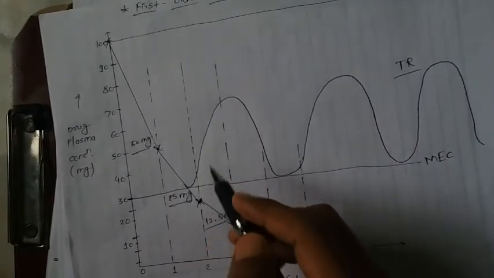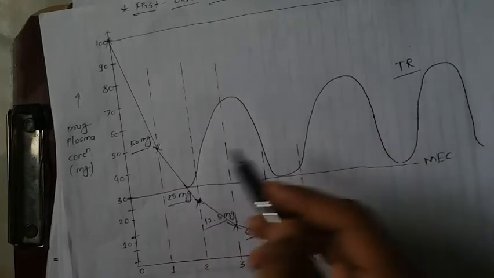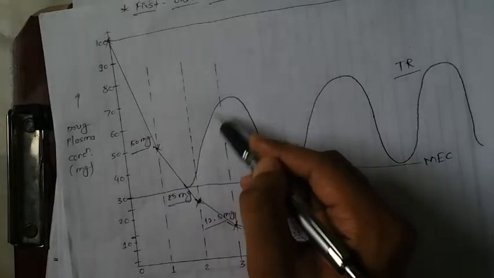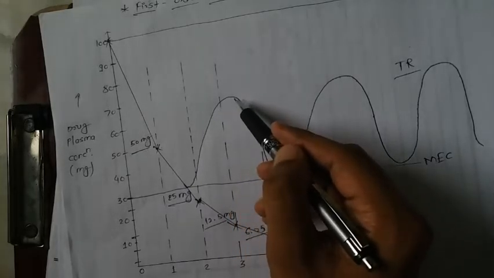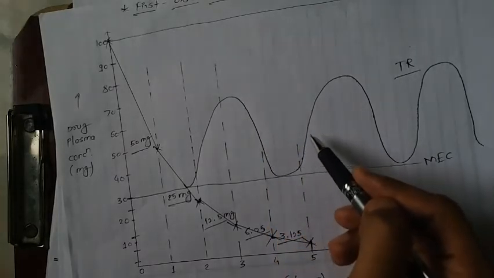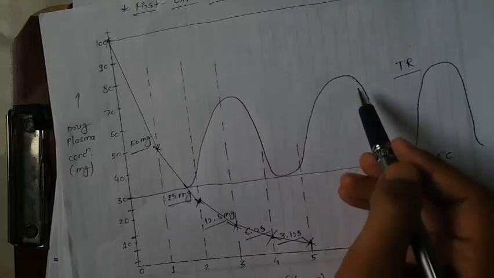So to maintain the concentration of the drug in the therapeutic range, we give maintenance dose, that is here concentration increases and then it starts eliminating. Then again we give the next dose of the drug, then concentration increases and then it will eliminate from the body.